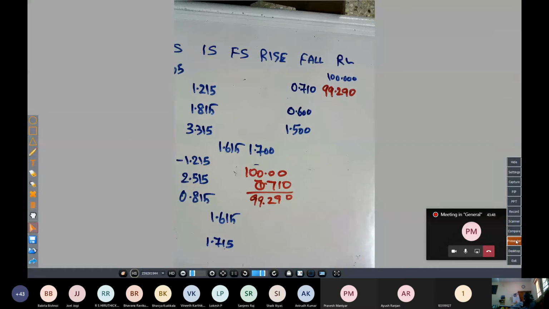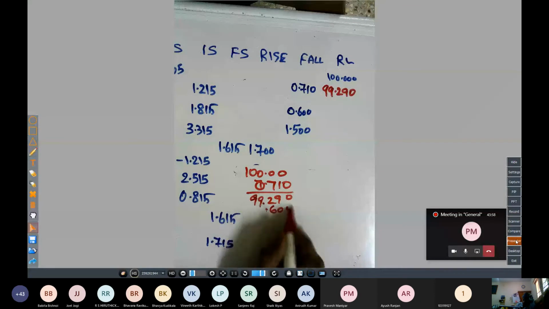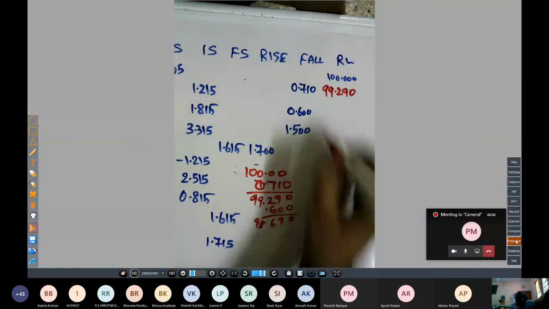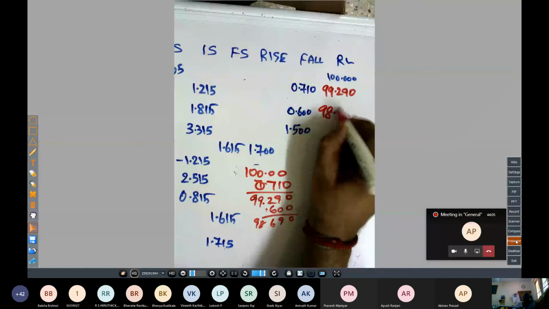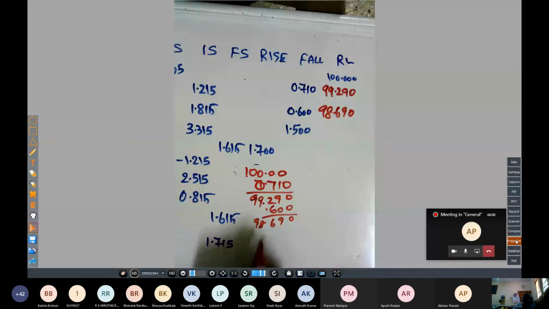So find out what is the RL of the next point corresponding to 1.815. 98.690. Very good. What is the next one? 97.190.